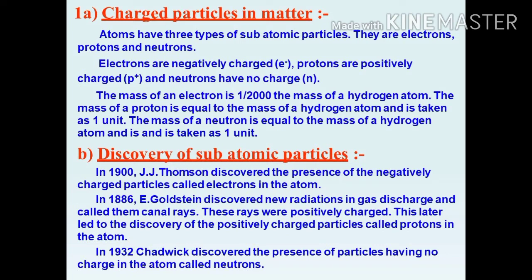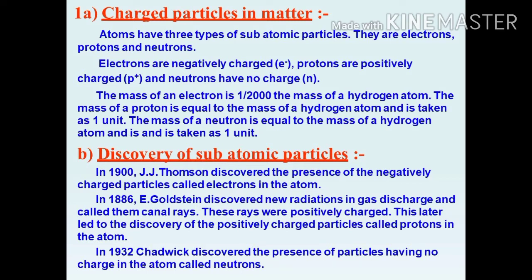The mass of an electron is 1 by 2000 the mass of a hydrogen atom. The mass of a proton is equal to the mass of a hydrogen atom and is taken as 1 unit.